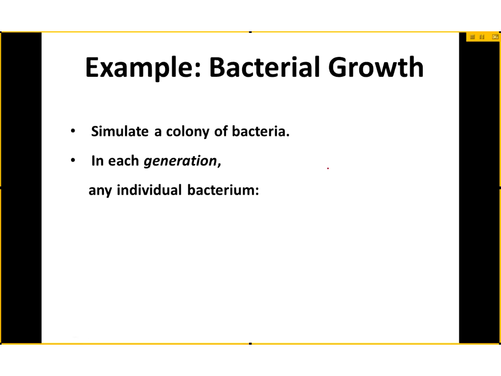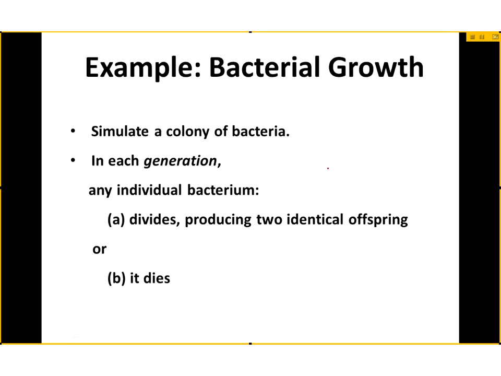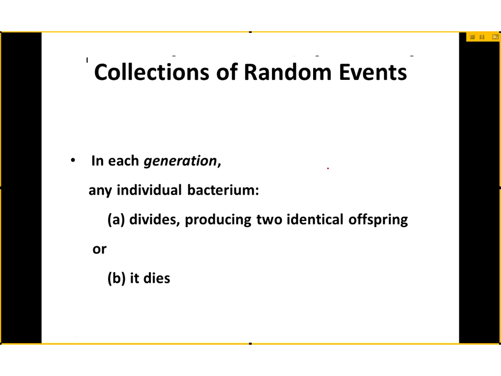And in each generation, any individual bacterium that's in the colony will either divide, in which case it produces 2 identical offspring, or alternatively, it will die and disappear from the population. And so we're going to utilize that assumption throughout this entire example as we expand this up to more and more complex simulation.